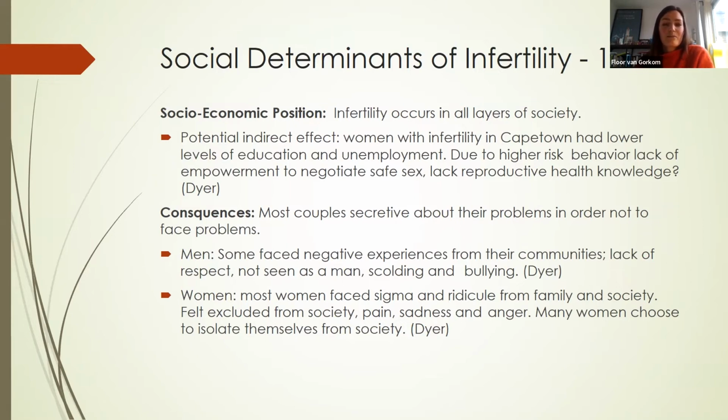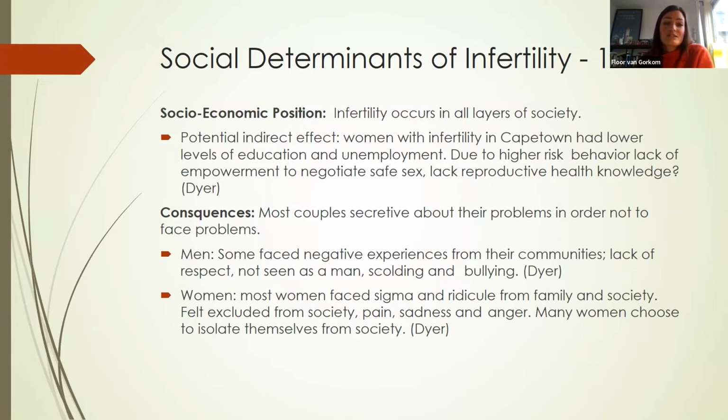And the hypothesis is that this is due to higher risk behavior. The idea is they lack empowerment to negotiate safe sex. They lack reproductive health knowledge. This could lead them to be at higher risk of infertility due to STIs, etc.